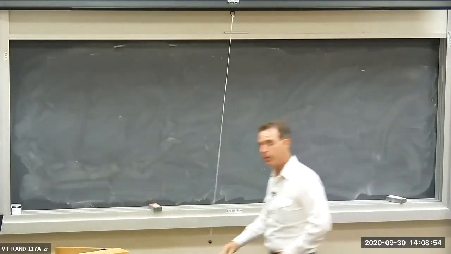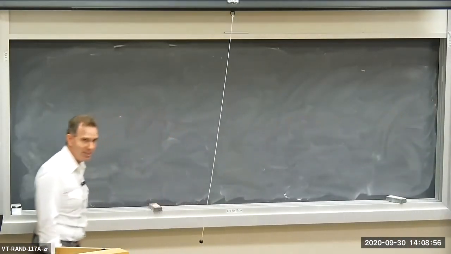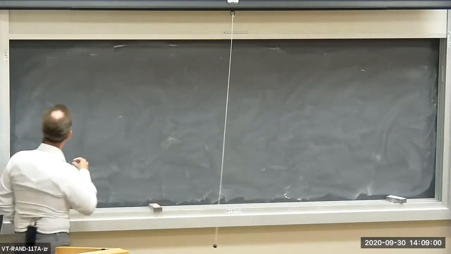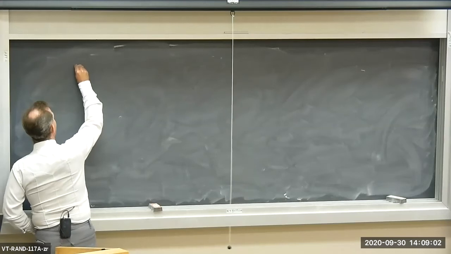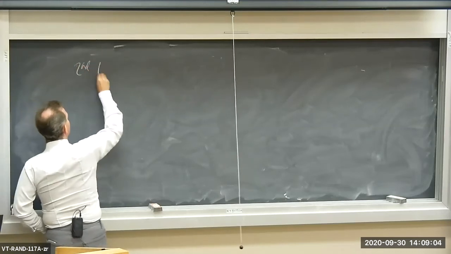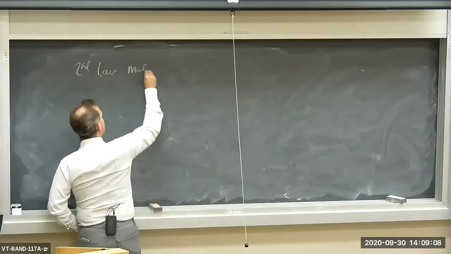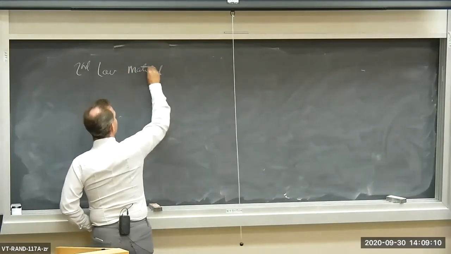That property, as you may have guessed, is entropy. So let's do a little review here: second law material review.